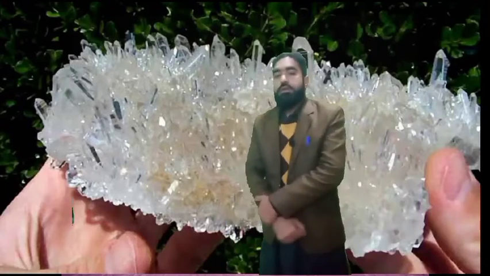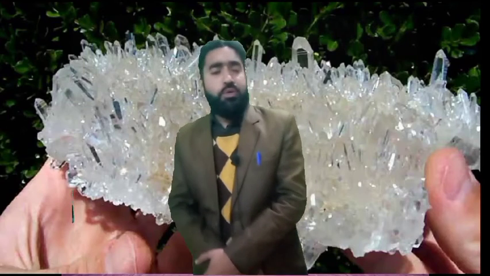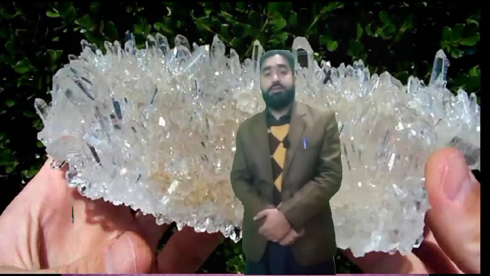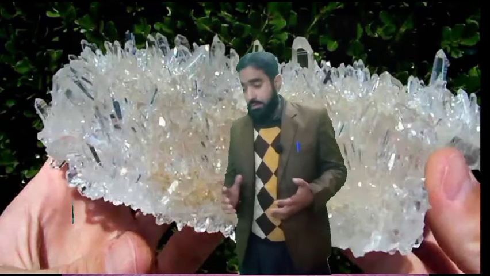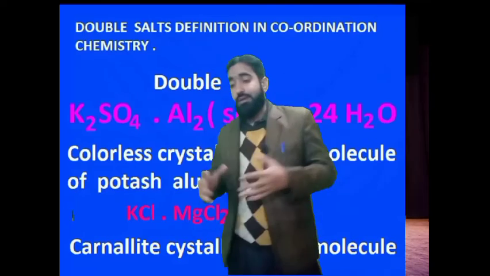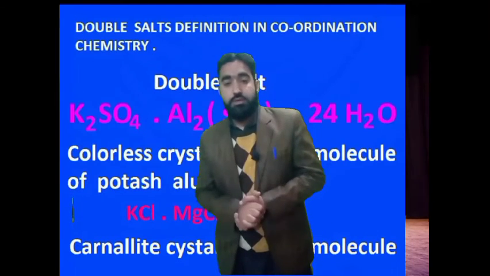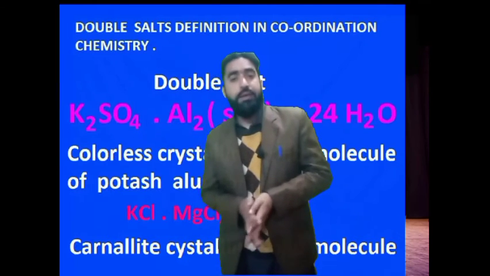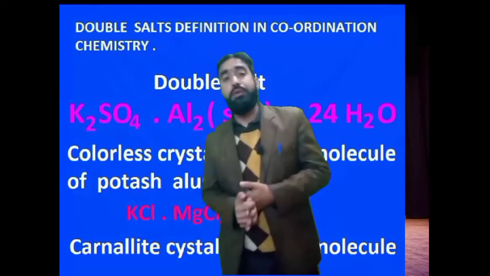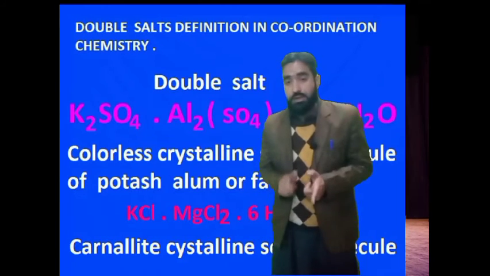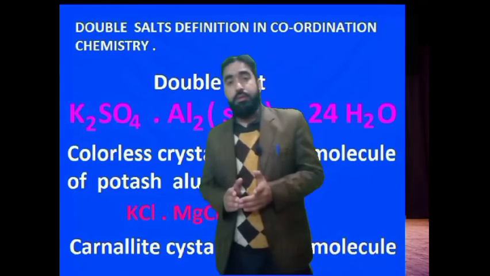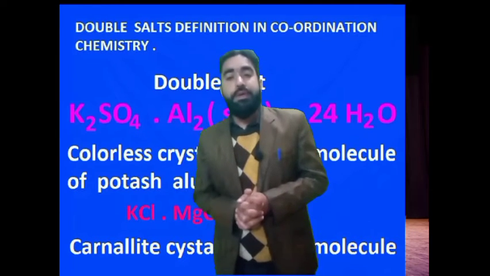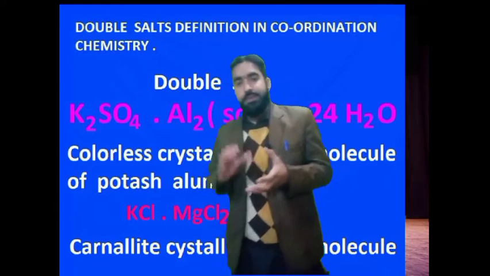Number 4 is double salt. A salt which contains more than one anion or more than one cation is called a double salt. The double salts are formed by the combination of simple salts. So these salts usually have a common negative radical but different positive radicals.